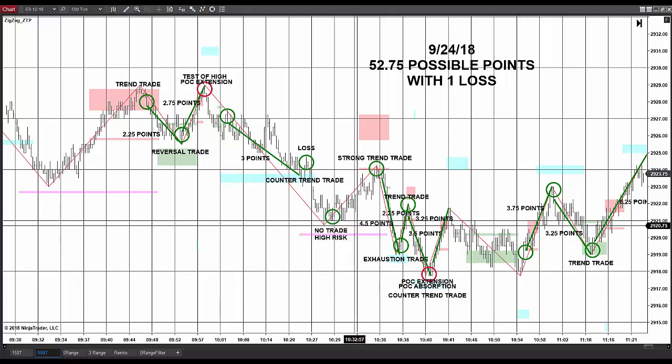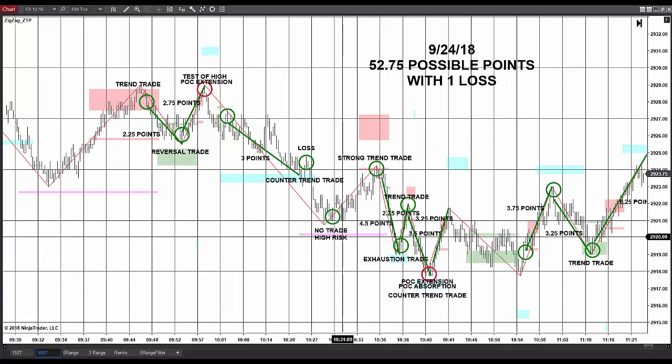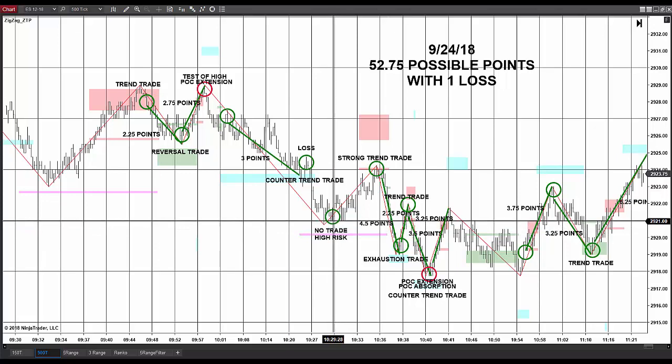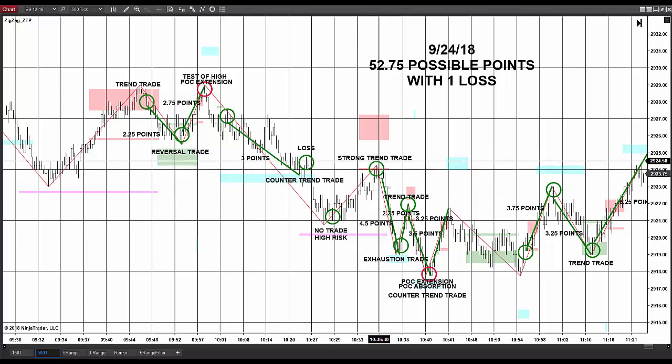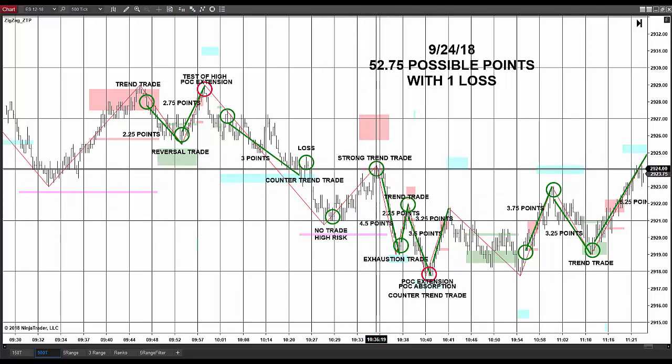The next time the signal pops up is down here at the strong trend support zone. However, this is something I consider high risk, so we do not see that trade being taken from there. However, we created a strong trend pattern at minor resistance here, and again we see the pattern being created.